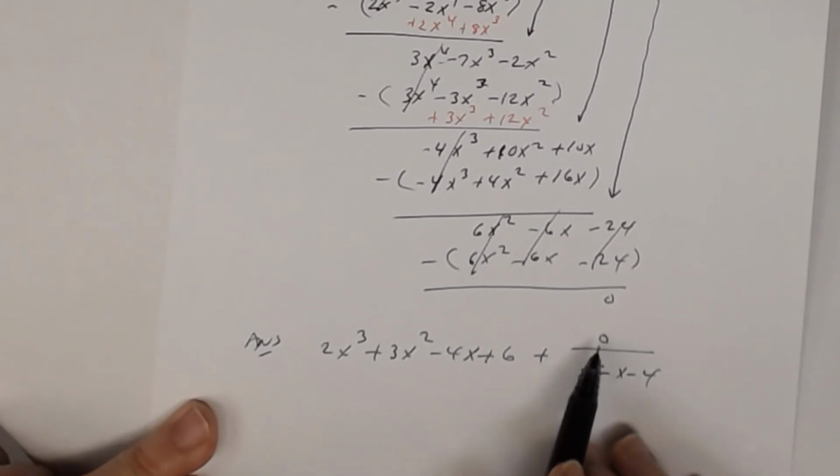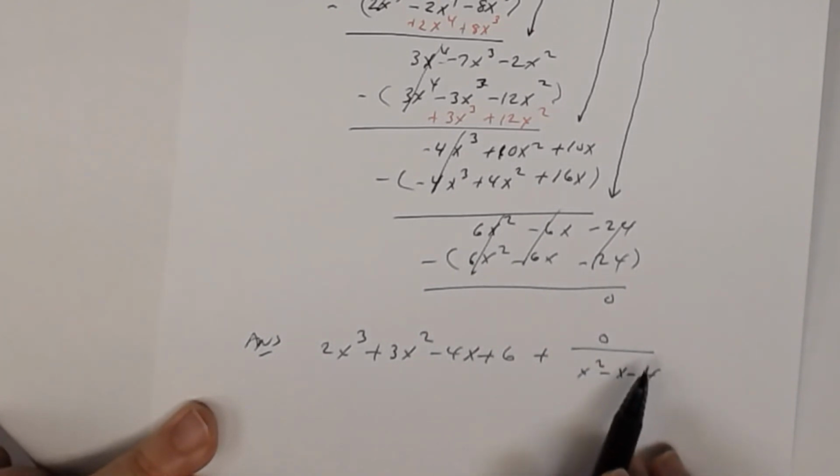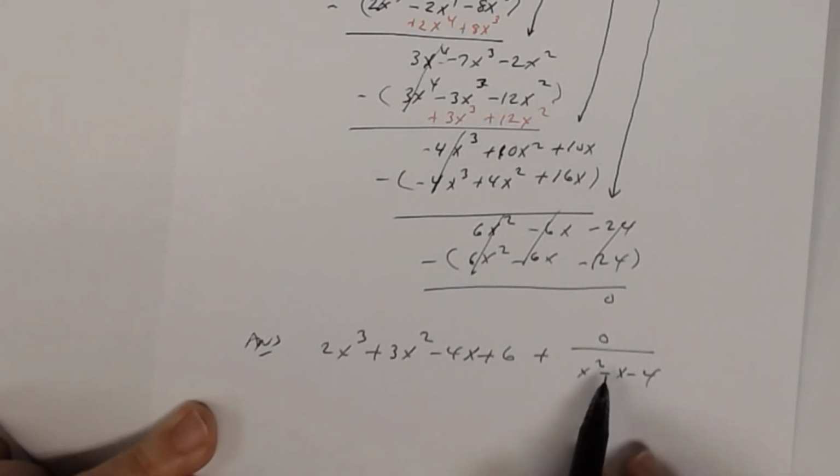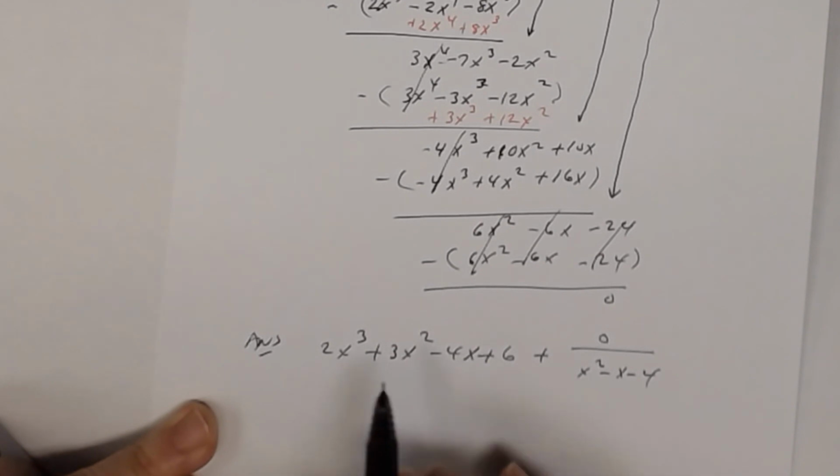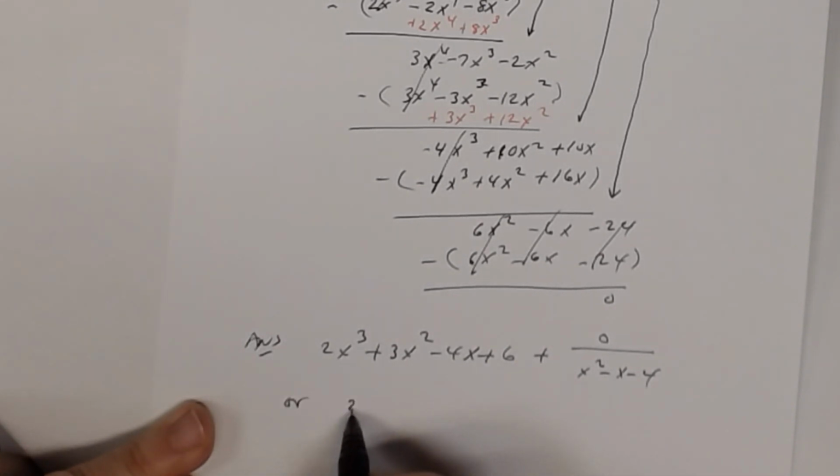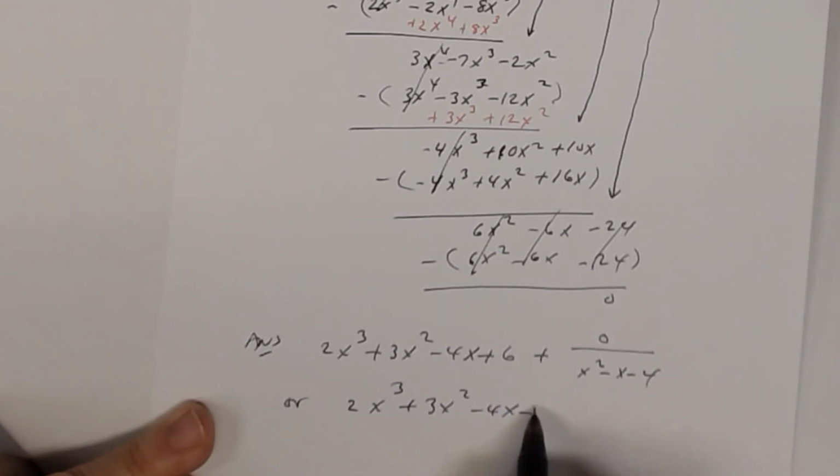Now, since the remainder is 0, 0 divided by any rational expression or any number other than 0 is 0. So you can just write the quotient as the answer. So you can say that's just 2x cubed plus 3x squared minus 4x plus 6.